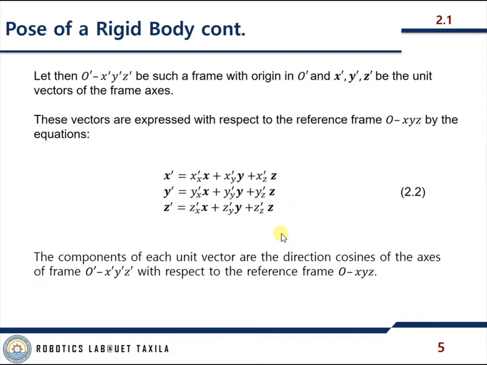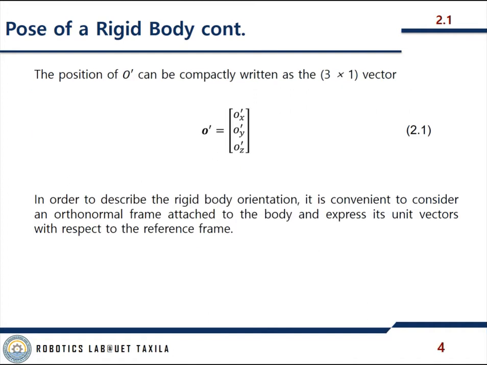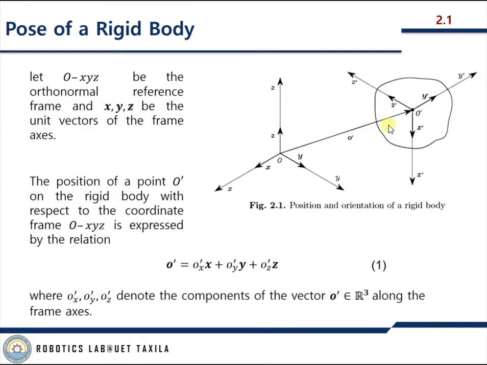Now here is an important point: we are not discussing the translation, this distance from this origin. We are only considering the pose. So we are representing these axes with respect to these axes.